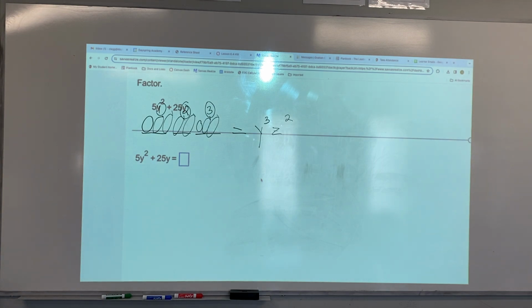What are your z exponents? Just list them in order. Okay. So what is the highest that they all have in common? Z to the fourth, z to the fourth, and z to the third.